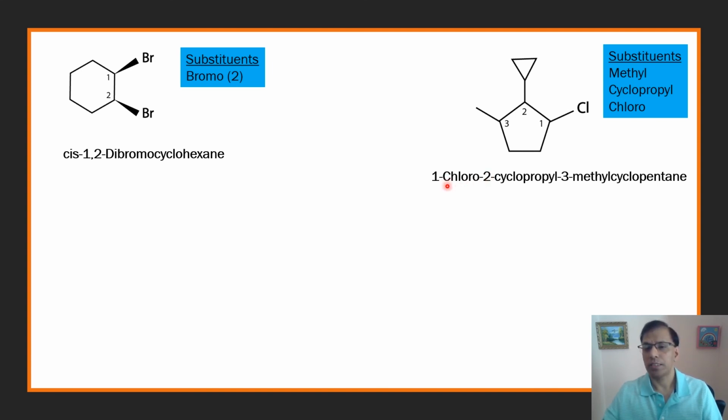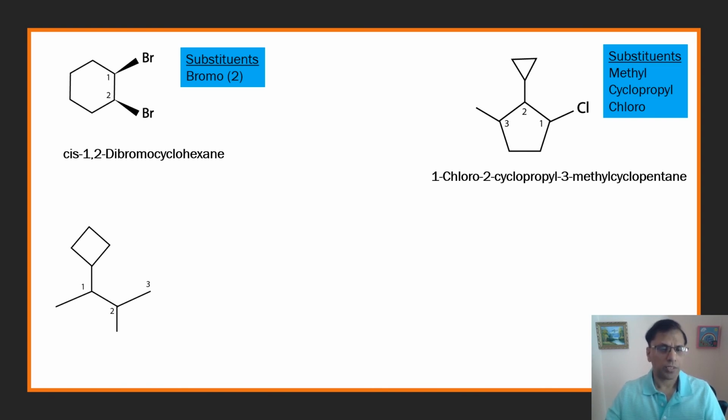So C and CH and then CY, so if the first alphabet is the same as in the case of chloro and cyclopropyl, then you look at the second alphabet. So in this case the H has higher priority over Y, and so it's written first, and so it also gets higher. You get the lowest number from the chloro substituent.